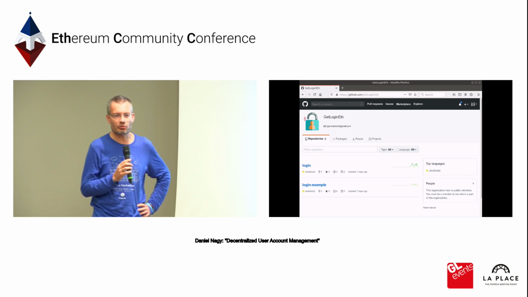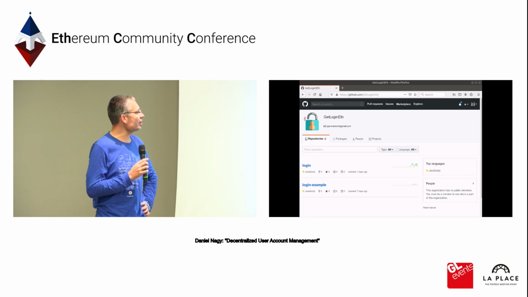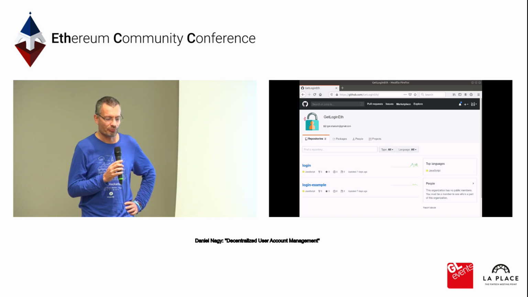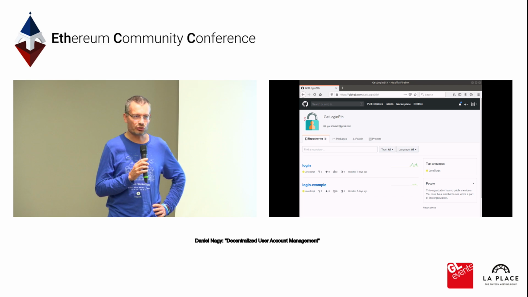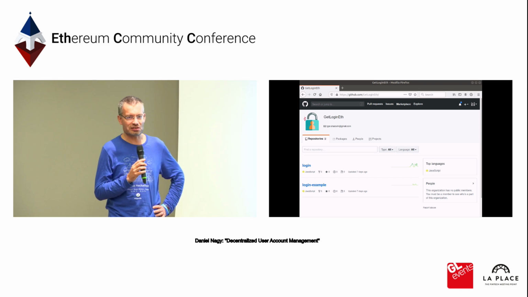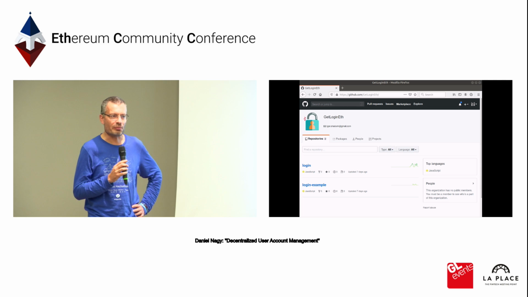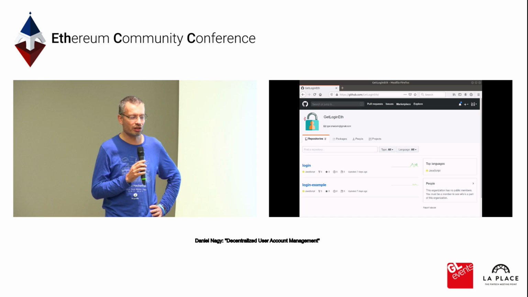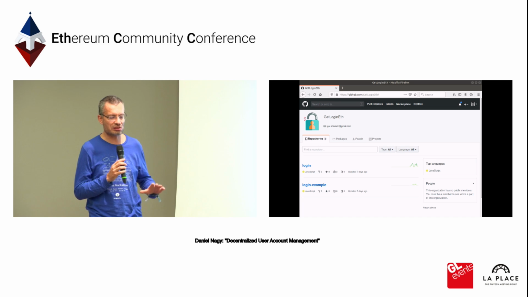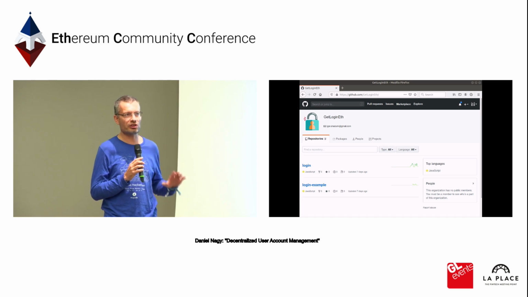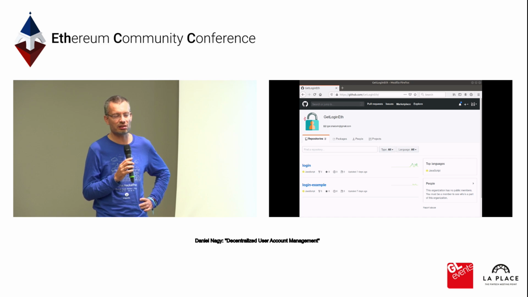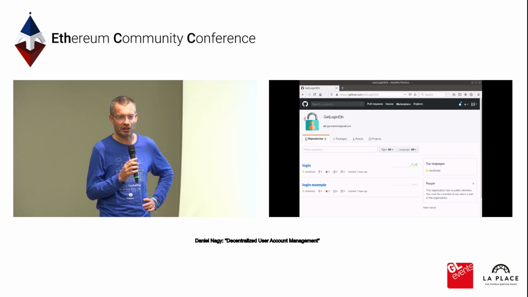So the project that I'm going to present is called Get Login, which is a user account management / login system primarily for Web3 dApps, but it is actually done in such a way that it matches the Web2 experience and standards as closely as possible, so you can actually use your on-chain identity even for Web2 applications.